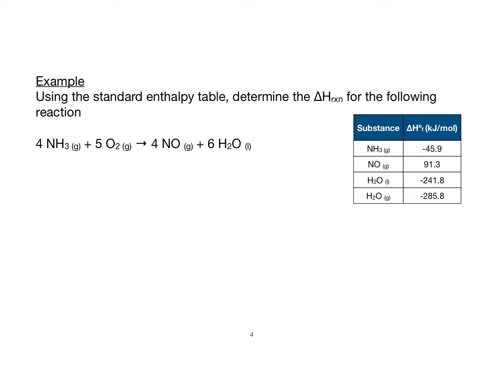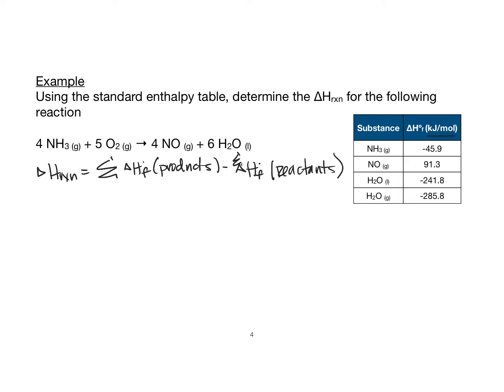So if we have this equation, using the standard enthalpy table shown on the right, determine delta H reaction for the following reaction. We know that delta H reaction is equal to the sum of the delta H°f values for the products minus the sum for the reactants. These are all in kilojoules per mole, so we need to multiply by the number of moles that we see in the calculation.